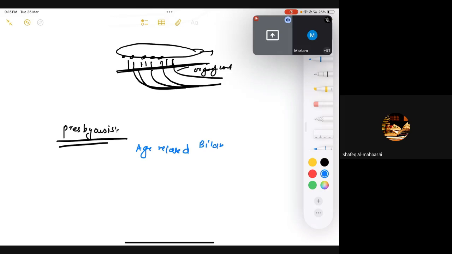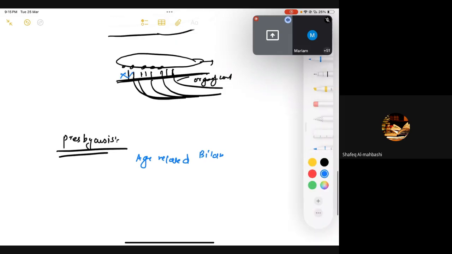And why do we see that? It's due to destruction of the hair cells. Whenever these hair cells are damaged, we can have presbycusis, which is normally seen in older individuals. So these were some common causes of hearing loss.